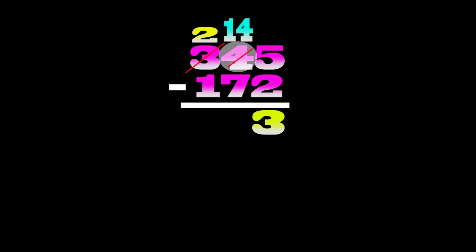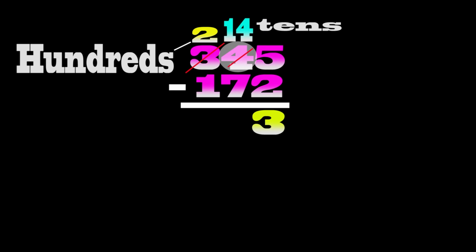And I cross out my 4 in the tens place and I write 14 above it, because instead of 4 tens, I have 14 tens. I just added 10 tens that had been in the hundreds place. Now that I've regrouped 3 hundreds and 4 tens into 2 hundreds and 14 tens, I'm ready to continue subtracting.